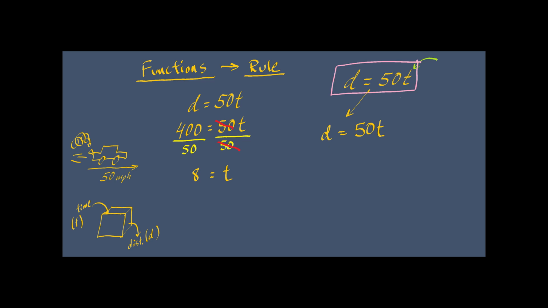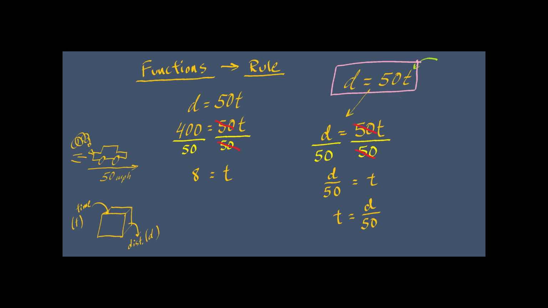I'm going to divide both sides by 50, just like I did over here. And the 50 is still going to cancel out. And I'm going to get t equals distance divided by 50. And then I like to have my single variables on the left, so I'm just going to flip it around, which is perfectly legal in most states. And I'm going to have time equals distance divided by 50.